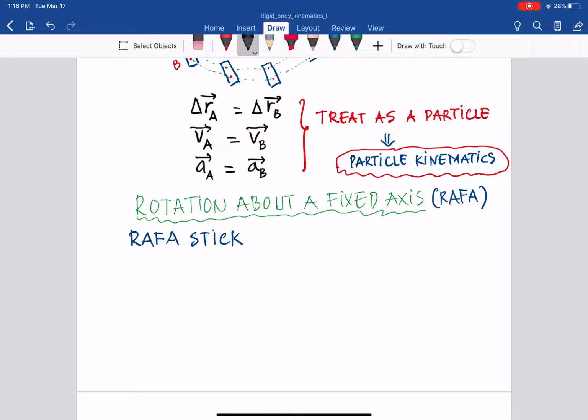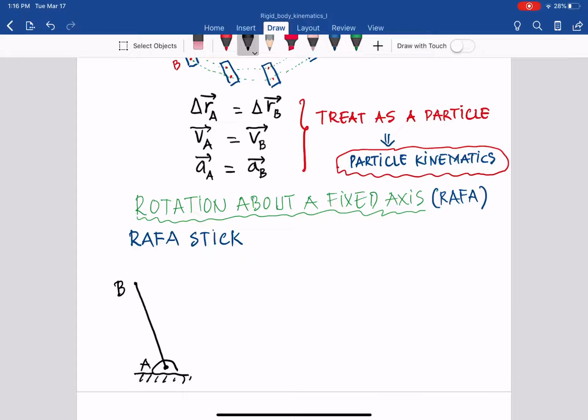So let me draw a body in rotation about a fixed axis. Let me put a point here, and I call that point A, a fixed axis, point A. So it's rotation about a point, in this case point A, and about the axis perpendicular to our screen, and we say this body AB is Rafa.